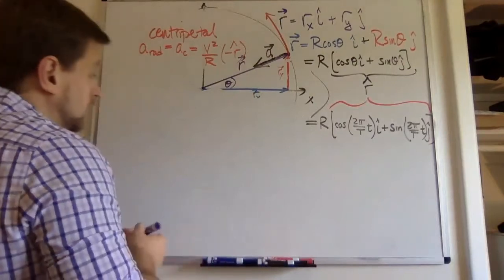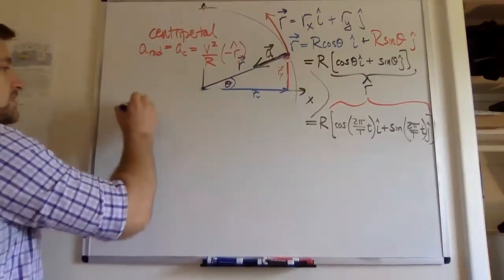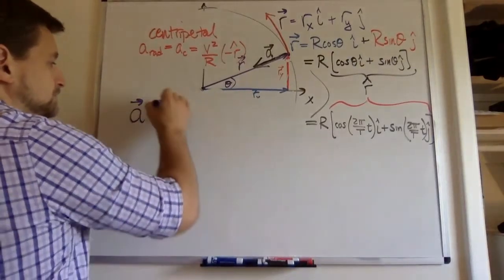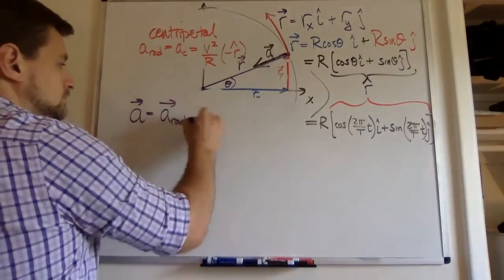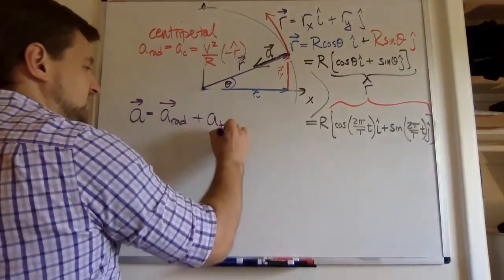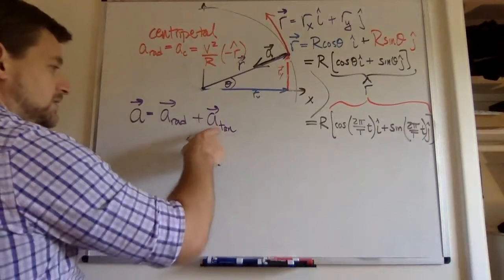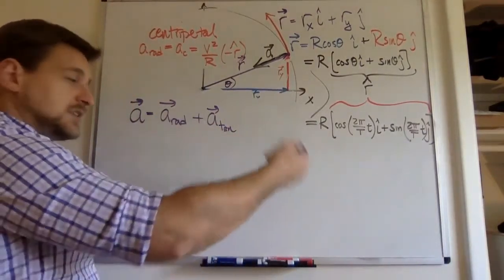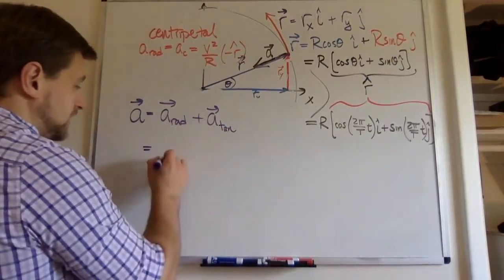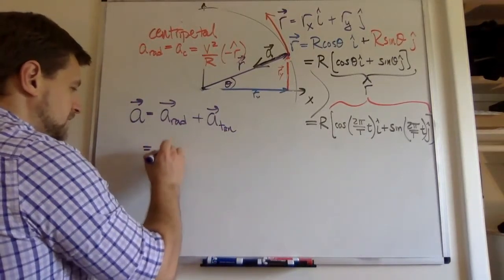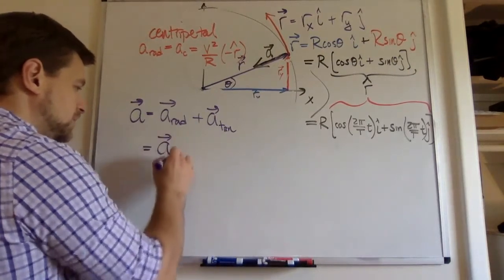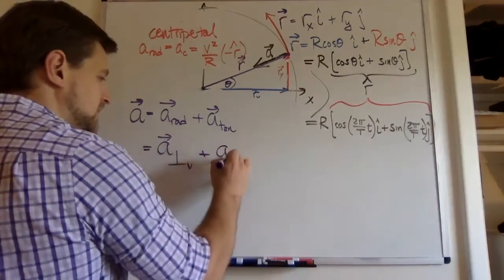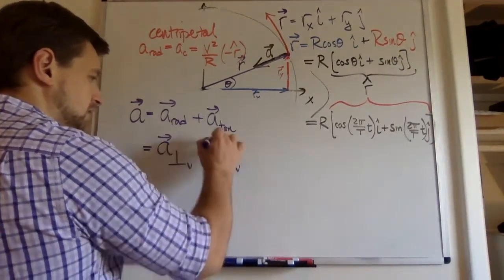So overall, we might be talking about some kind of acceleration that has a radial component and a tangential component. The tangential component is the component in the direction of the velocity. So I'll write it this way. This is the acceleration component perpendicular to the velocity, and this is the acceleration component parallel to the velocity.